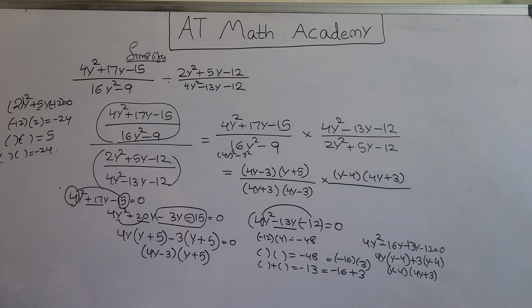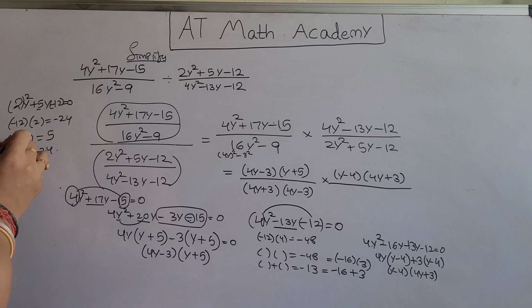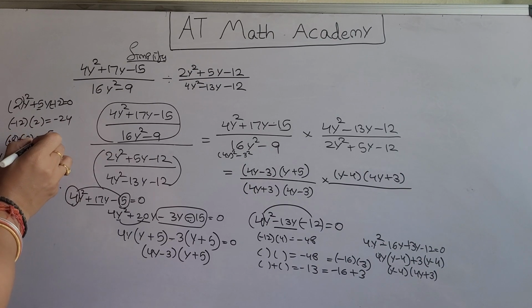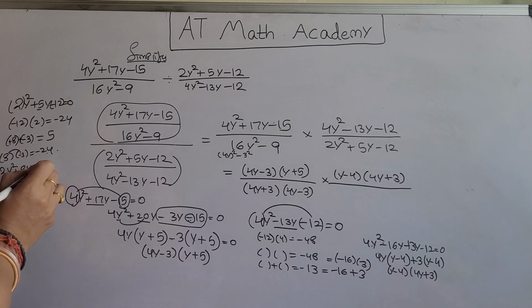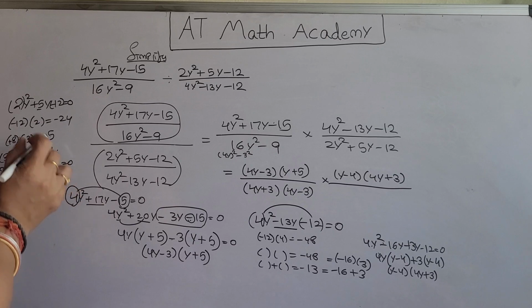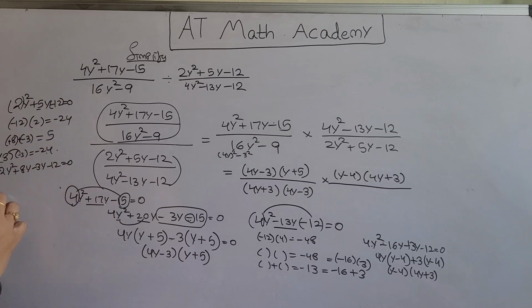Such two numbers can be 8 and minus 3. When I add 8 and minus 3, I get 5, and when I multiply them, I get minus 24. So 2y square plus 8y minus 3y minus 12 is equal to 0. This quadratic expression can be rewritten like that.